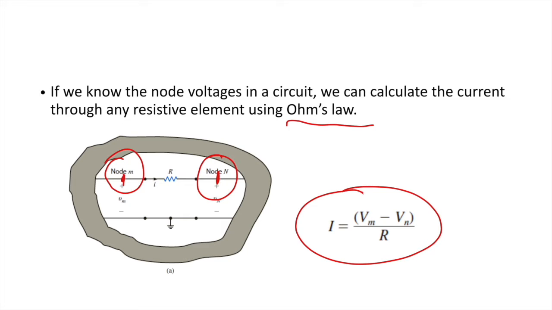No matter how complicated our circuit is, once we know the voltage of all the nodes, we can easily calculate the current on each element. So our goal in nodal analysis is to calculate the node voltage.